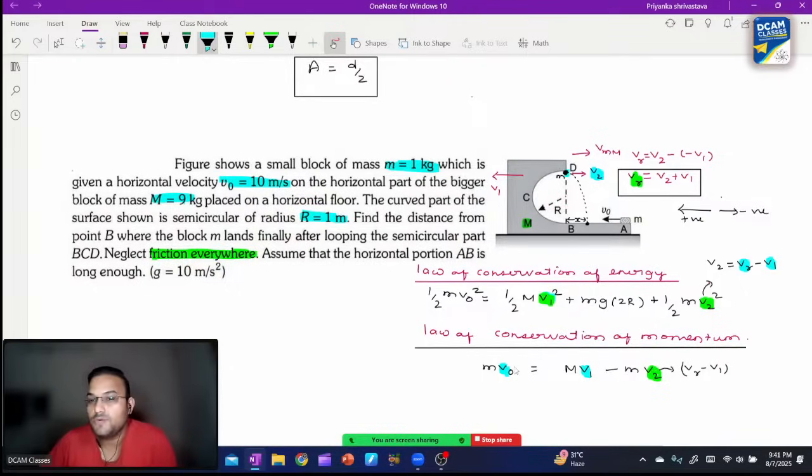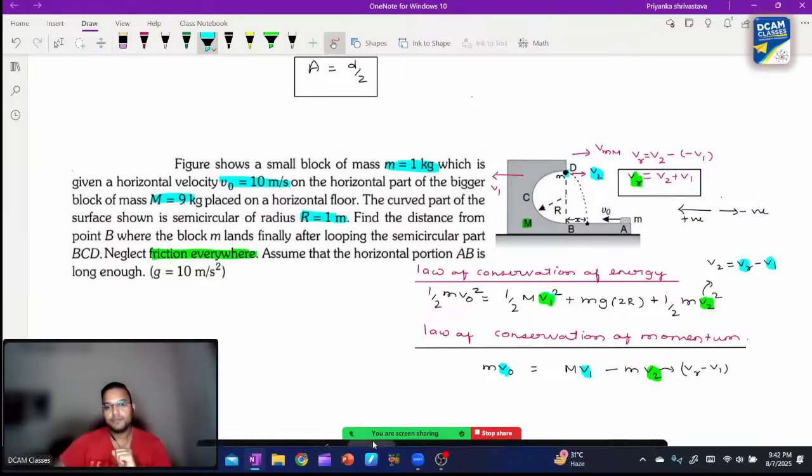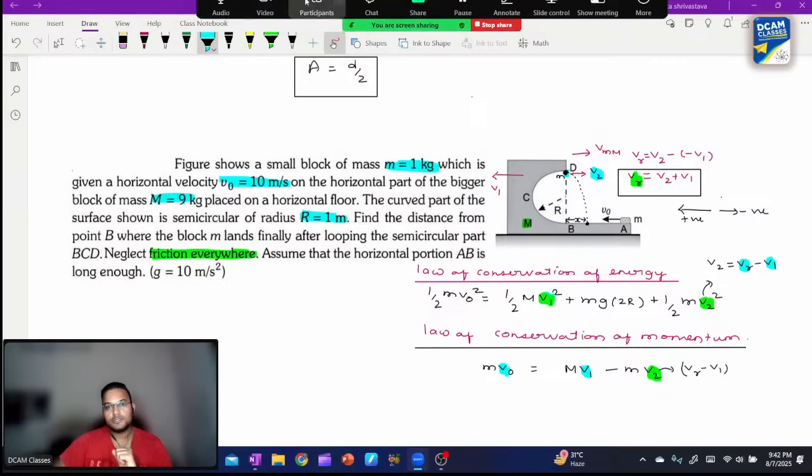So when you are using either law of conservation of momentum or law of conservation of energy, we use the absolute velocity of the objects, meaning the velocities with respect to the Earth. Can you solve it? Just try to solve quickly and then tell me what velocity we are getting.